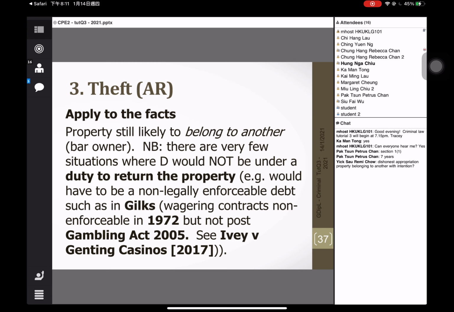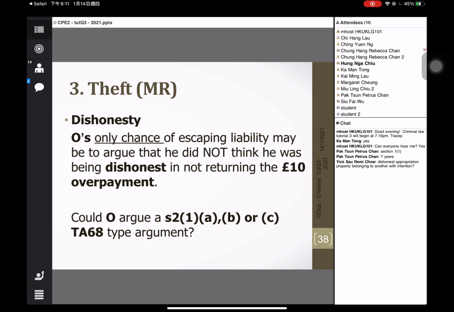But after the Gambling Act 2005, and we see this illustrated by Ivey and Genting Casinos, gambling contracts are now legally enforceable in contract law. There's a provision in the Gambling Act 2005 that says this. And of course we see in Ivey that Phil Ivey was legitimately making a claim for his winnings. He wasn't successful, but he had the right to make that claim.